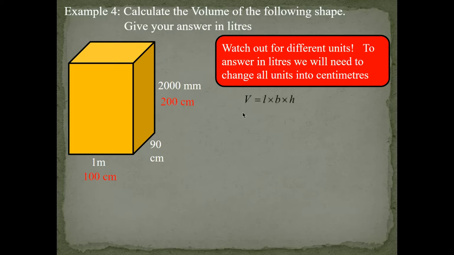So then when we substitute it in, we use 100 instead of the 1 metre, we use our 90 as it's given there, and we use our 200. So we get 1,800,000 cubic centimetres, which we then have to divide by 1,000, because there's 1,000 cubic centimetres in a litre, and we answer in what was asked for here, answer in litres.